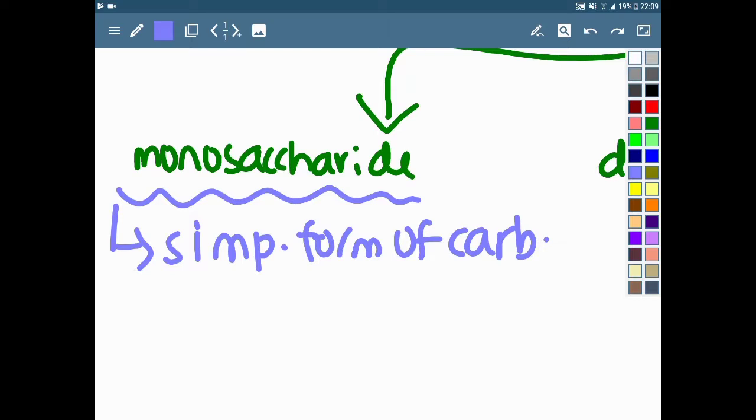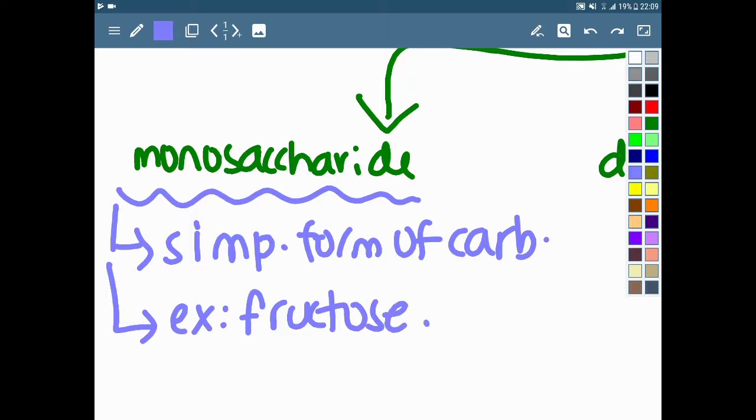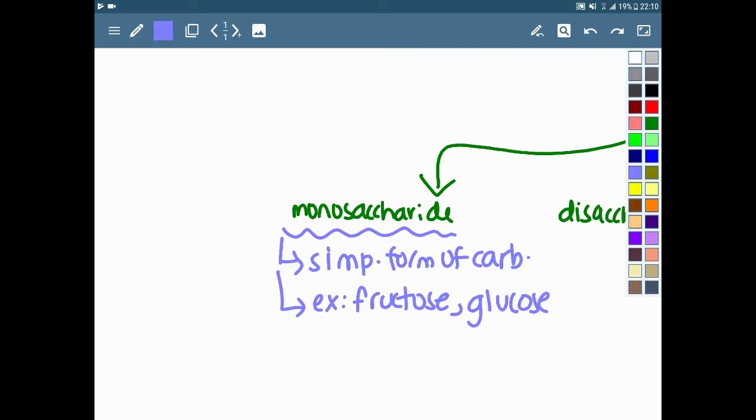Okay? And the examples of monosaccharides are fructose and glucose. Okay?